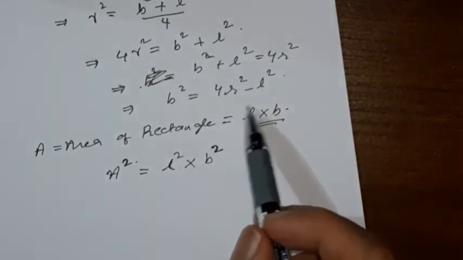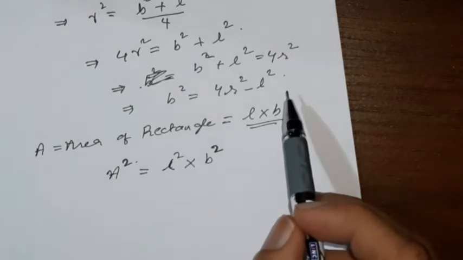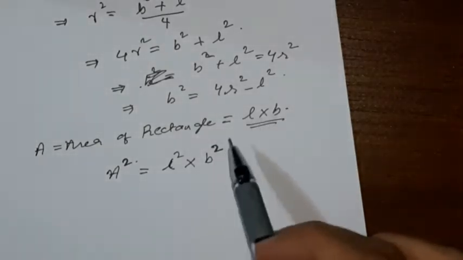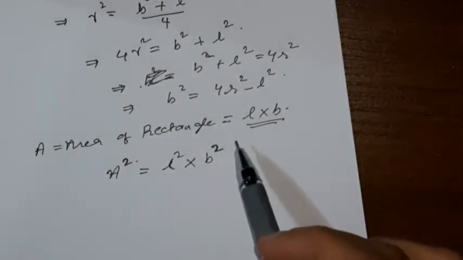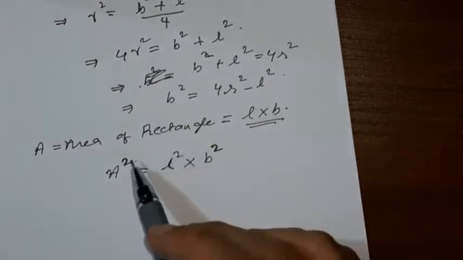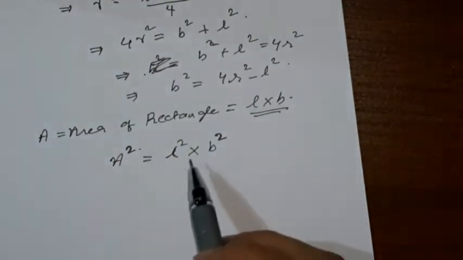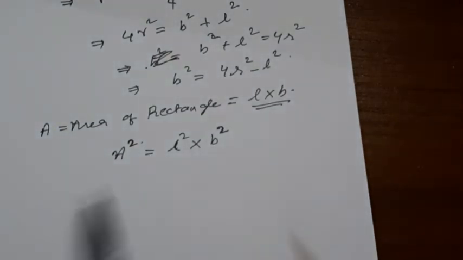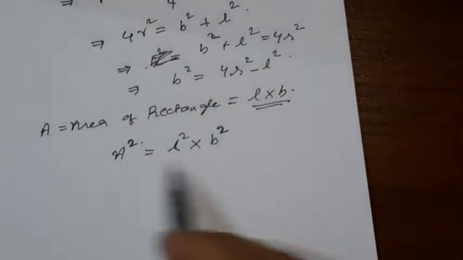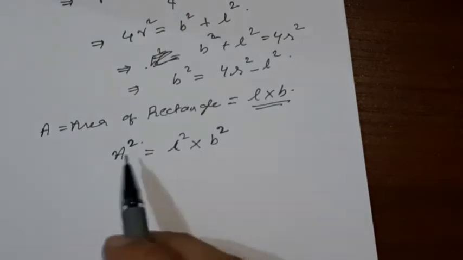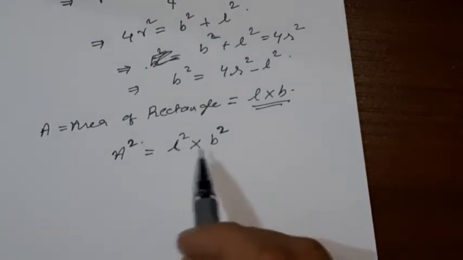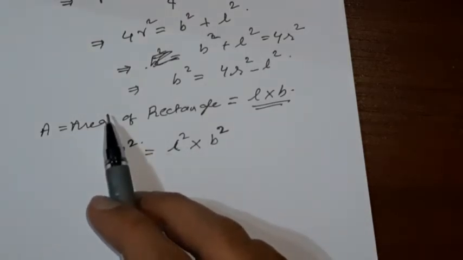If you consider the root here, then it will be very difficult to calculate, and it will take a lot of time. So we write A = length into breadth as A² = L² × B². So the maximum of this function will actually give you the maximum of this function, right?